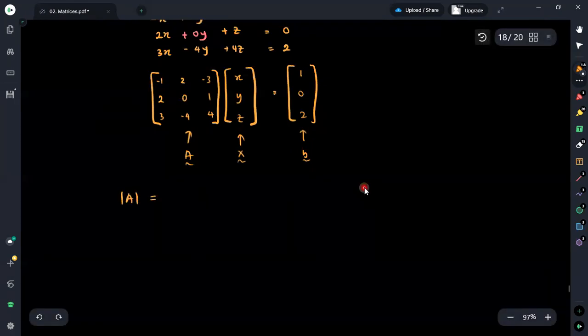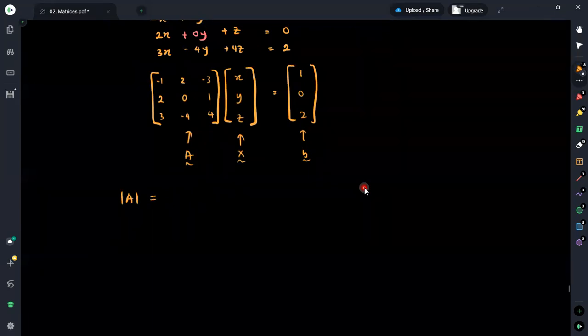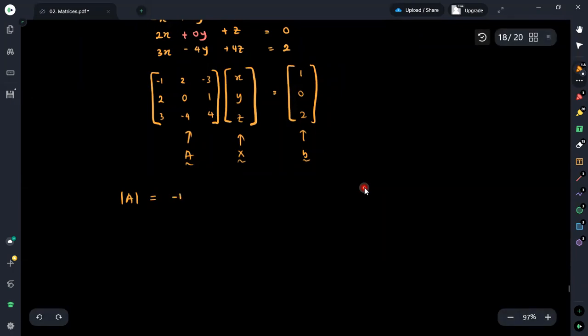To obtain the determinant, we can use the concept that we have used. Here it is minus 1 times the determinant of the remaining elements, which is 0 minus 4, so it becomes plus 4. Then minus 2 times, with the first row, second column cut off, it is 8 minus 3.